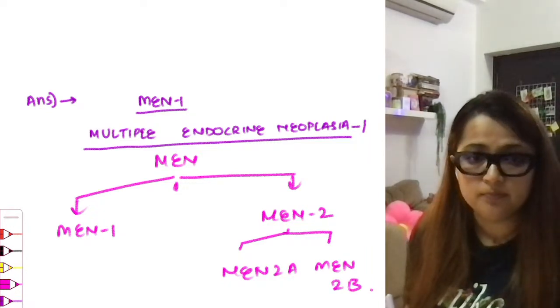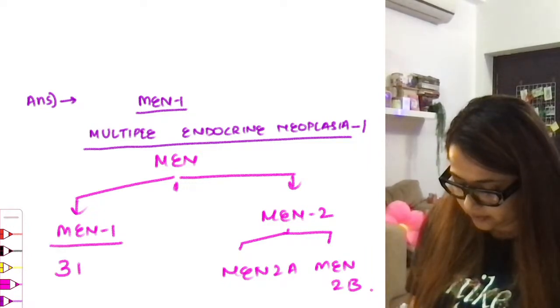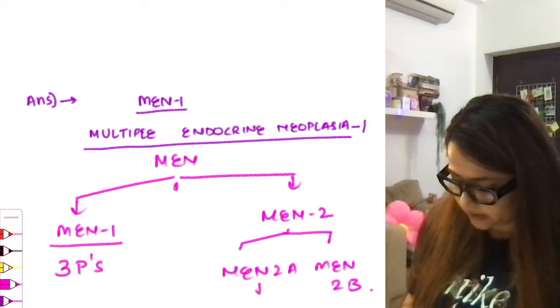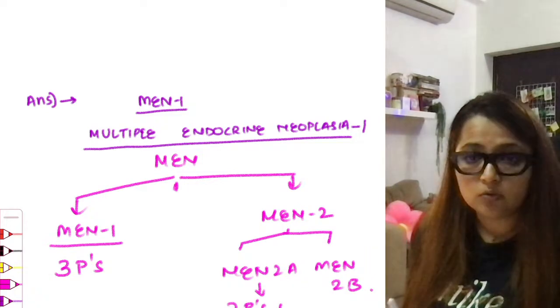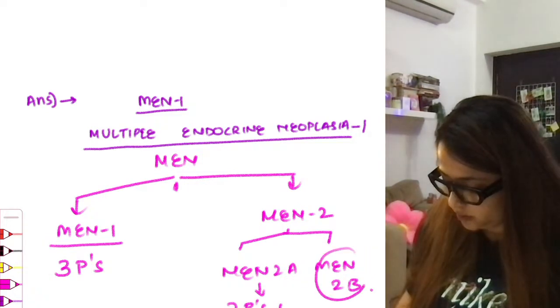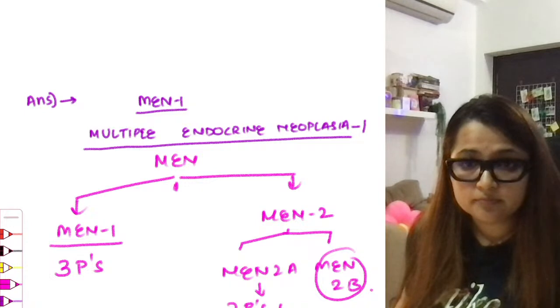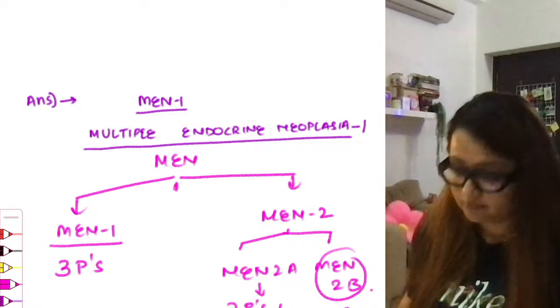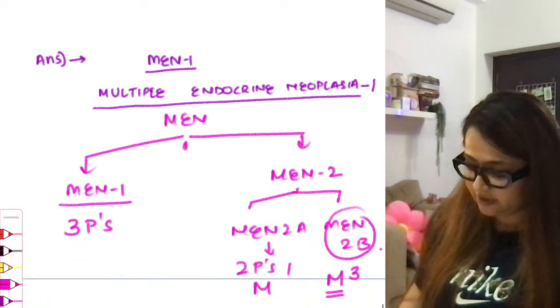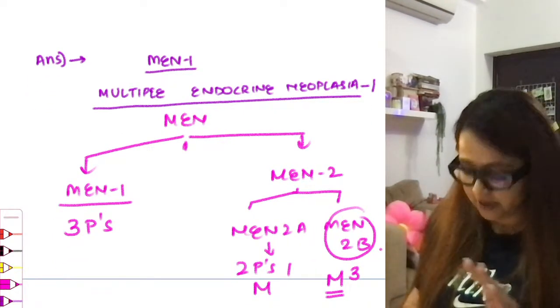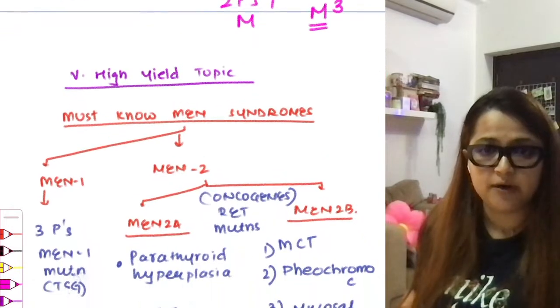For MEN1, you will remember 3 P's. For MEN2A, 2 P's and 1 M. For MEN2B, you will remember M3. Let us talk about the components. This is a very high yield topic. You must know this.